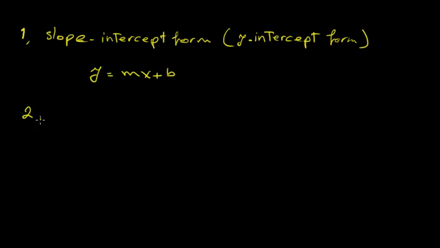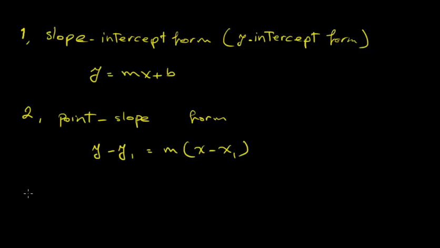The second form is point-slope form, and the formula for that one is y minus y1 equals m times x minus x1.